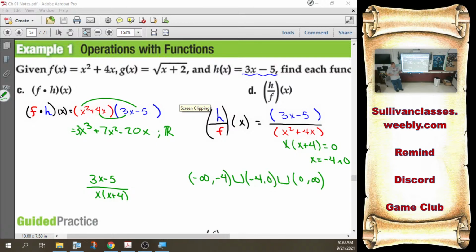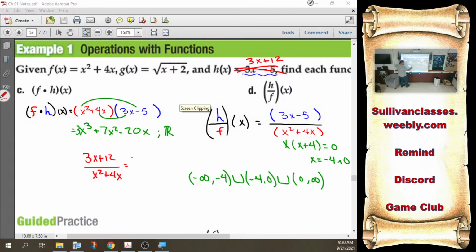Not right now. But what if that wasn't 3x minus 5? What if that was 3x plus 12? 3x plus 12 over x squared plus 4x would not be the final answer.